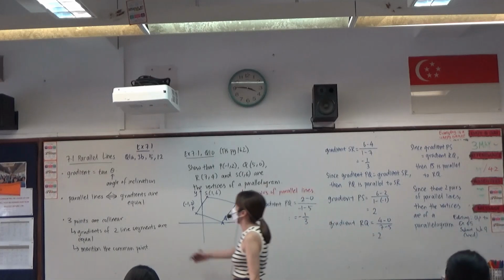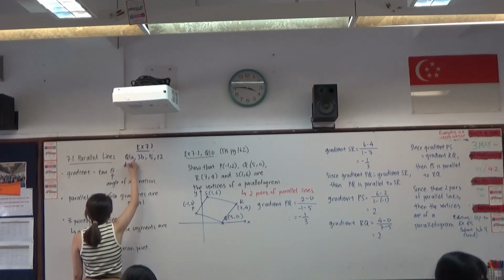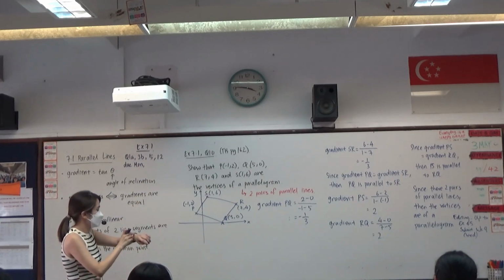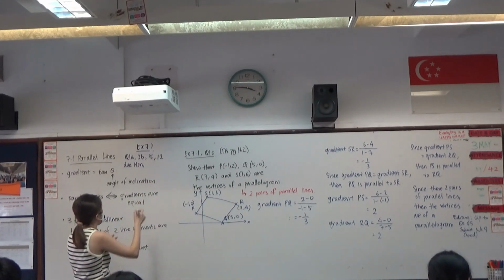Due when? Due on Monday, which is what day? Today's 3rd, 4, 5, 6 of May.